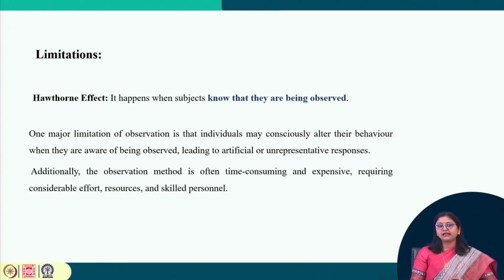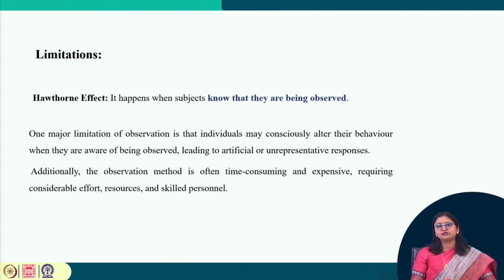This kind of knowledge that they are being observed, either with the help of a recording or CCTV camera, or someone coming for observation, is called the Hawthorne effect, and it is not taken as a good effect for the research purpose. So, researchers should try to decrease or remove the Hawthorne effect from the observation method.